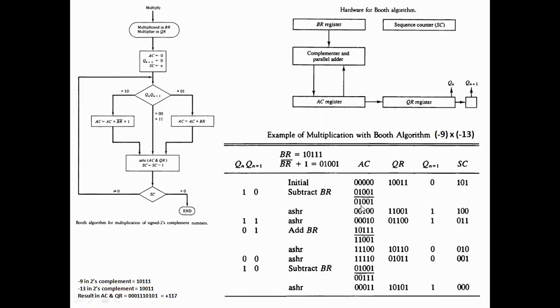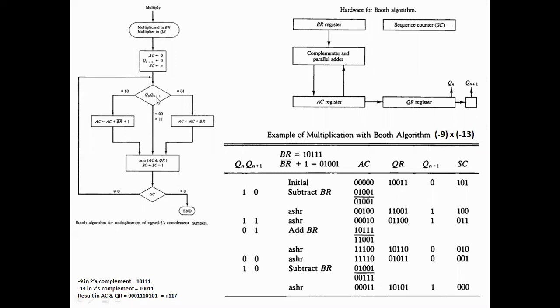Since AC was 0, starting with 0, positive, here also in the empty space I have put 0. Again after the right shift, there is an empty space here that will be filled by 0 because earlier it was 0. Okay, now this is done. The counter is 3, so we will go this way.